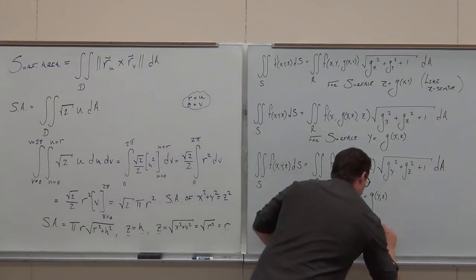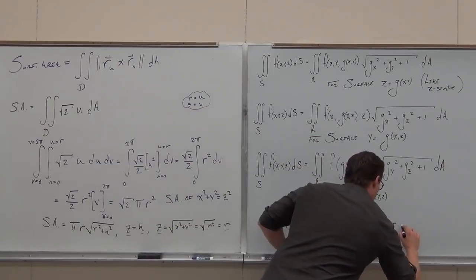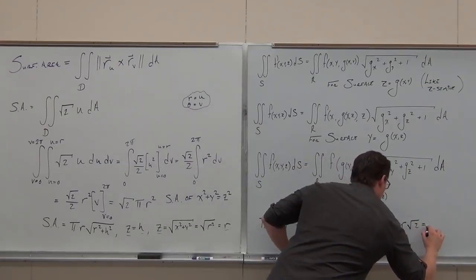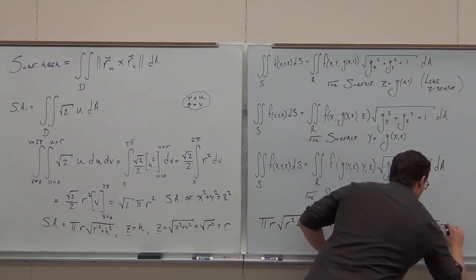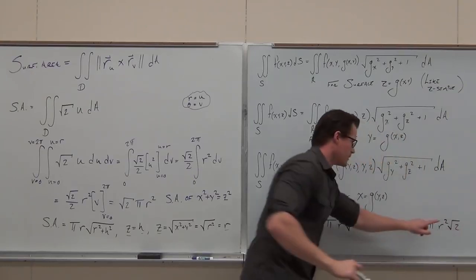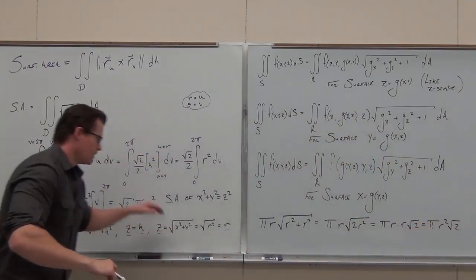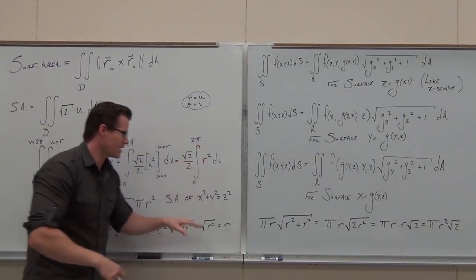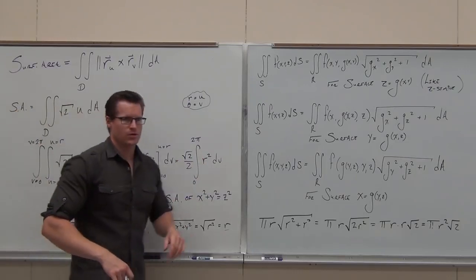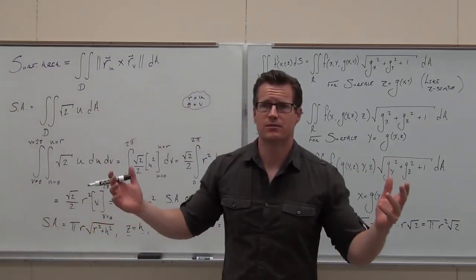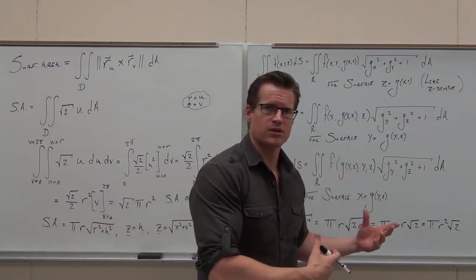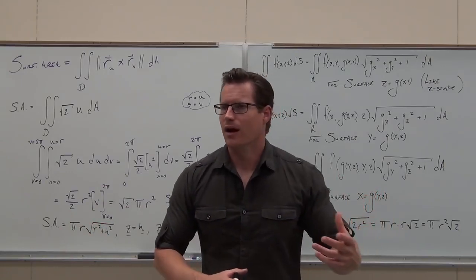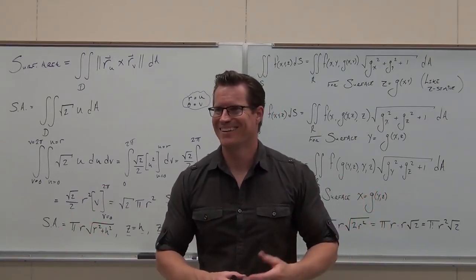Well, it's r. Surface area of this cone where z is the same as r, z is height. Same surface area, done geometrically, done calculus-y, done either way. That was funny.